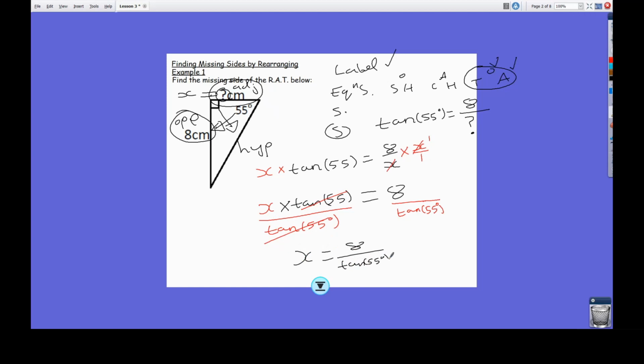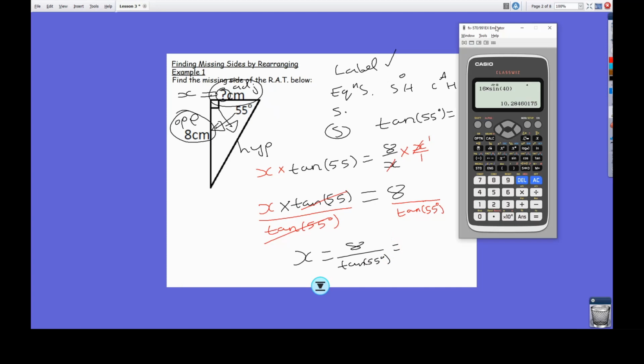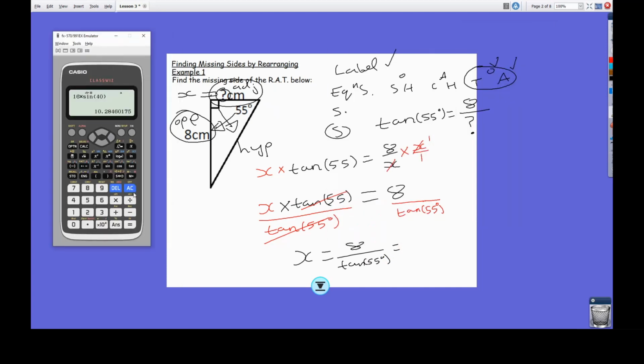I will show you 2 ways to put this into your calculator. You can either say, okay, I want fraction button 8 over tan 55, close bracket. That is fine. You can do that, just a bit more visual.